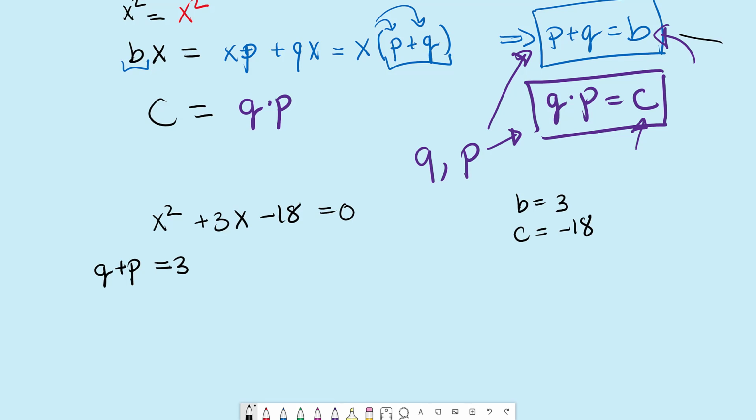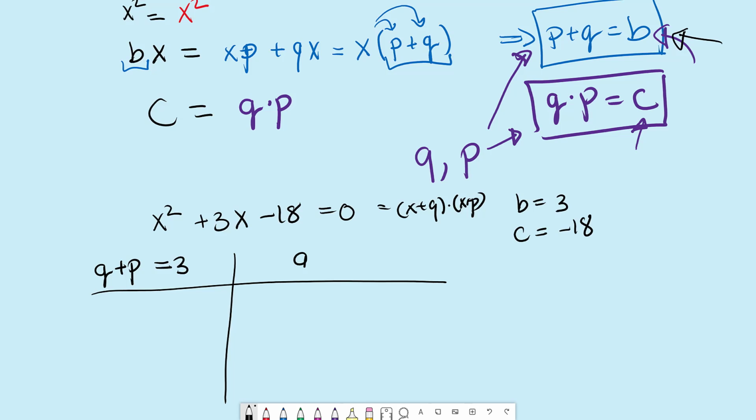Our q plus p, the terms that we want to get, x plus q times x plus p, right? We want their addition to equal 3, while their product equals negative 18. Now, what does it mean that a product is negative? Well, if we have two positive numbers, q and p, their product cannot be negative, right?